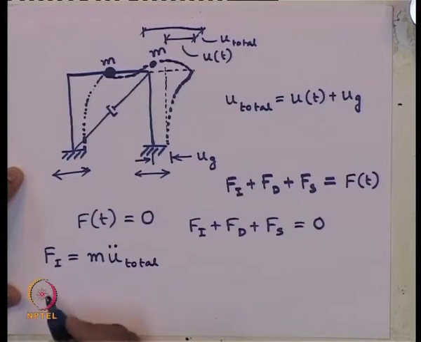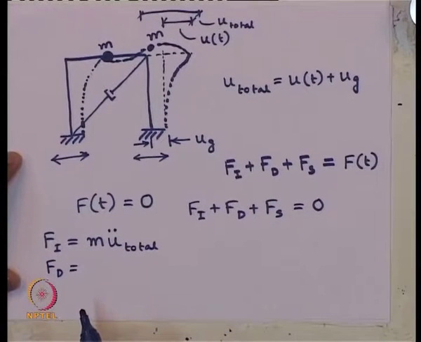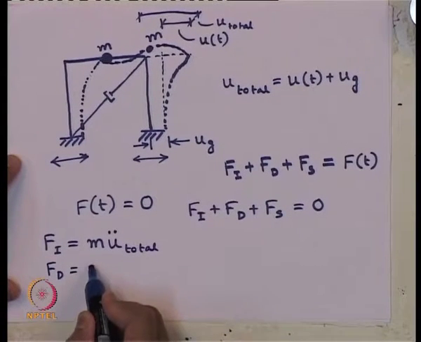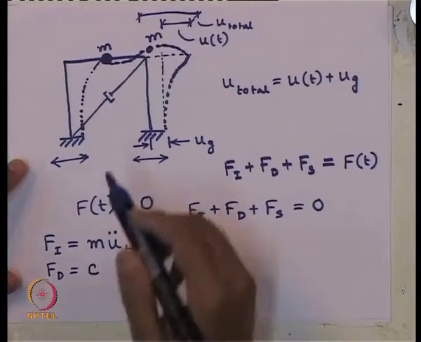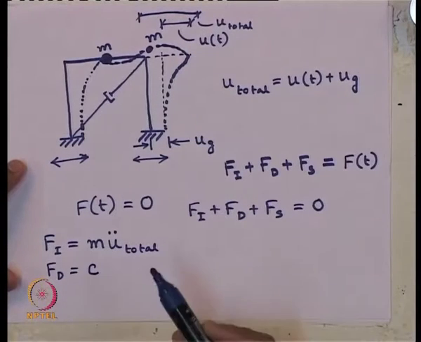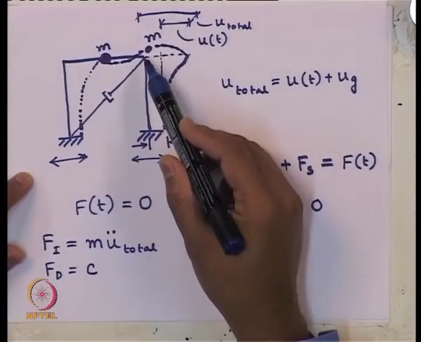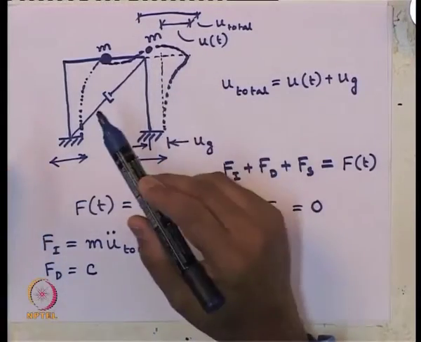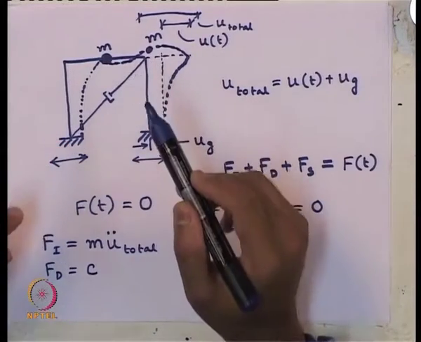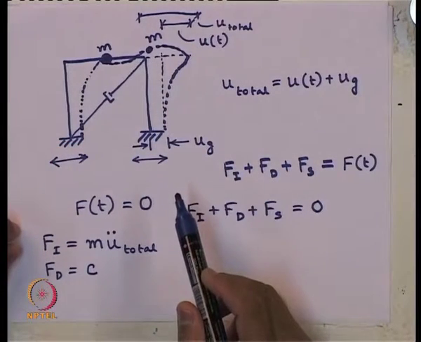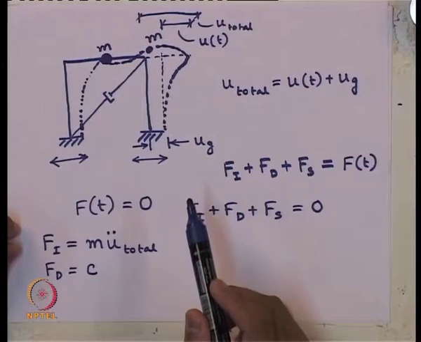And the damper force F of d is nothing but c, the damping constant, times the velocity. What we know is that the velocity is the relative velocity between the two ends of a damper. So, what is the relative velocity here?